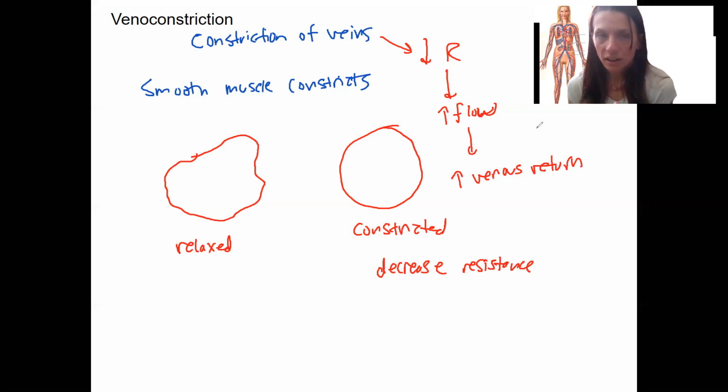You can quickly venoconstrict to increase venous return and have that blood flow go out again in stroke volume. So that's the venous reserve or blood reservoir that's in the veins. It can be utilized by activating venoconstriction.